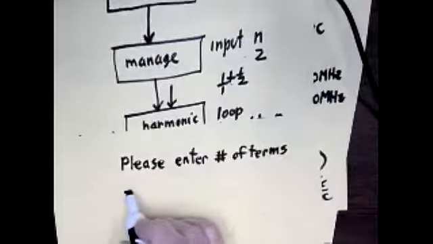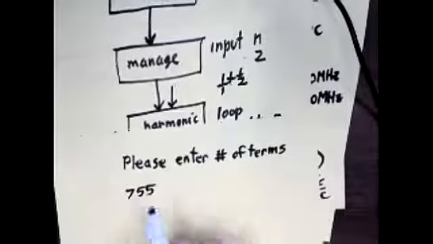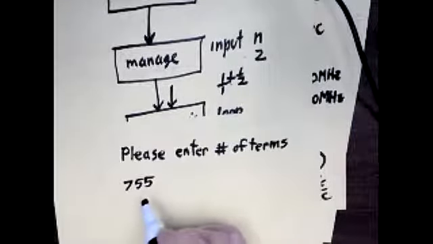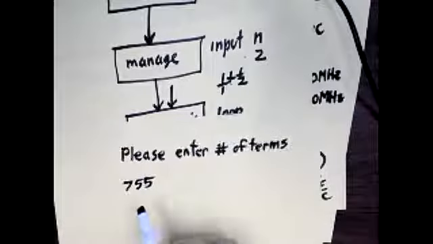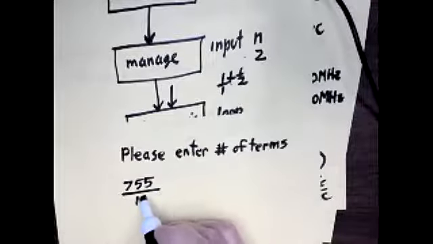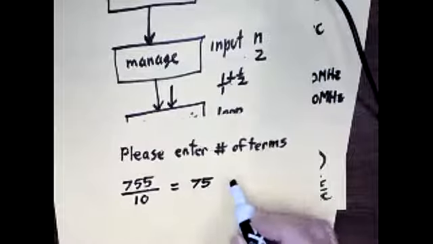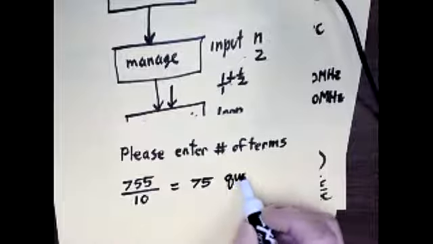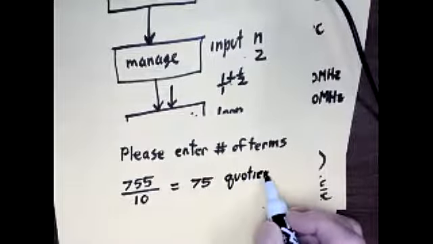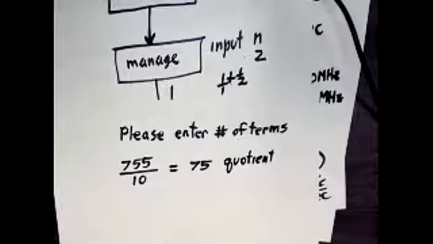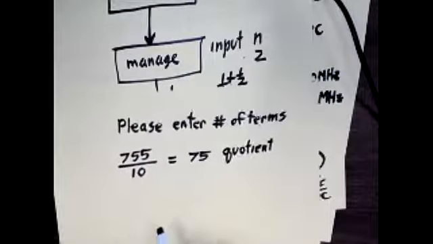755. Okay, so what your program is supposed to do is divide by 10 and truncate the remainder. So you divide by 10, and that results in a quotient of 75. Okay, so then your machine starts computing the harmonic sum for 755 terms.